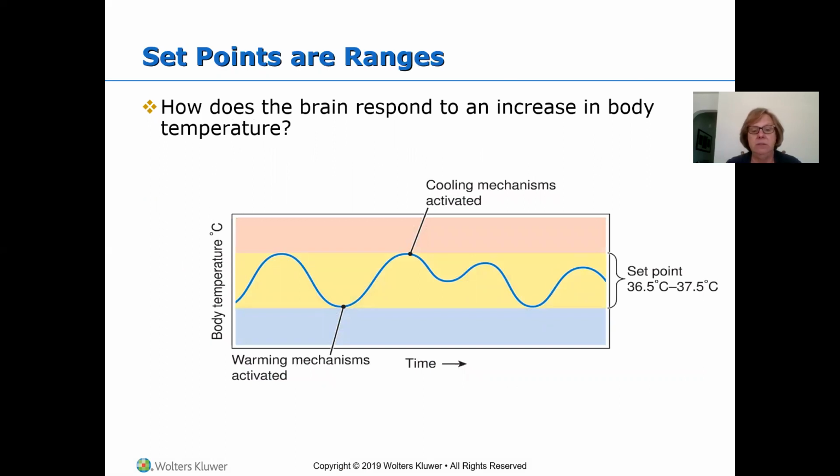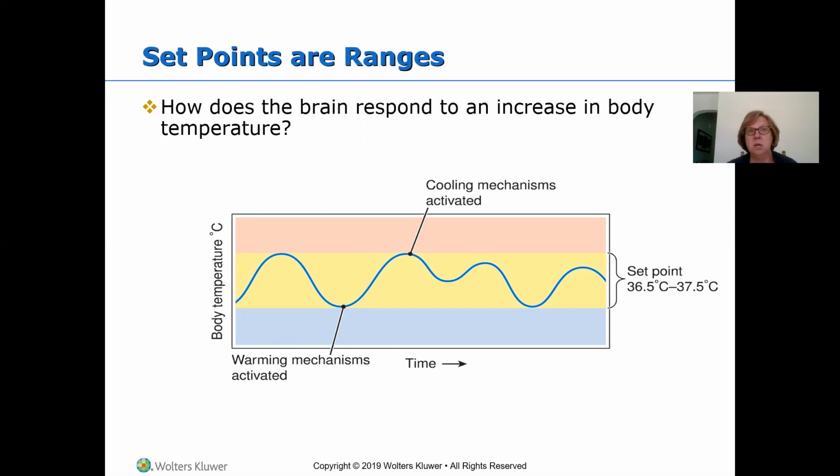And I gave you this information of how we maintain that set point. So we always have a set point for our blood oxygen level, for our body temperature, for our blood pressure. All of these are within normal limits.